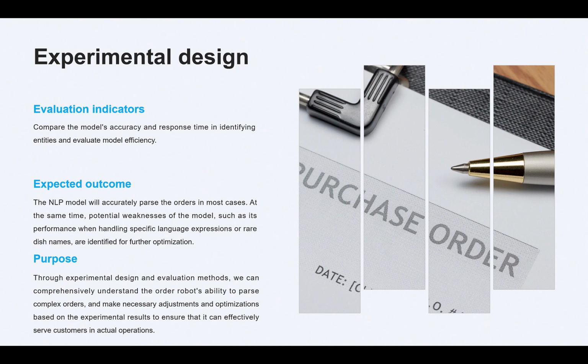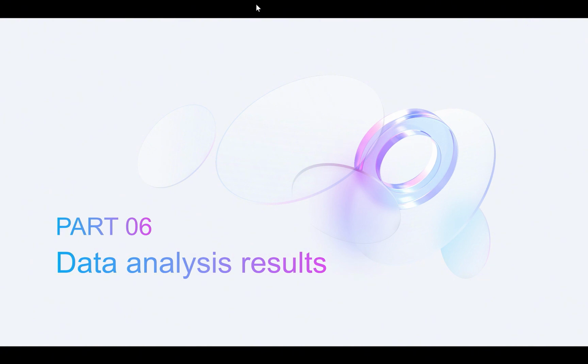This part of the content will help introduce how to analyze the training and validation data of our chatbot NLP model to evaluate its performance, and what the results may tell us about the model's effectiveness and areas for improvement.